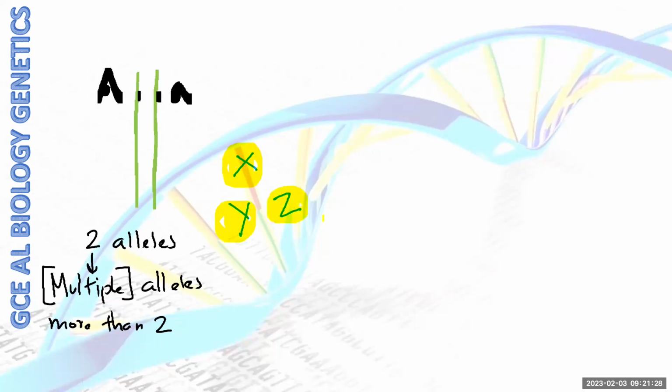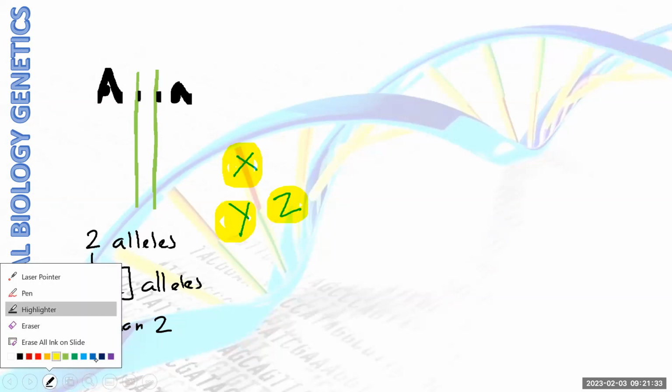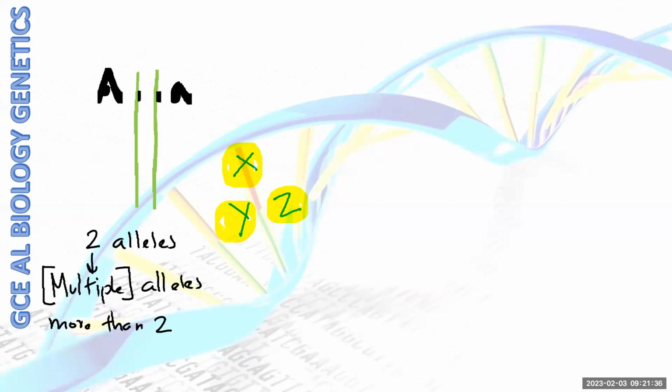In multiple alleles, we are going to learn how X, Y, and Z all three occupy the same locus. Simply, there are 2 chairs, but now we have 3 people. If there are 3 people to sit on 2 chairs, how could we do that?